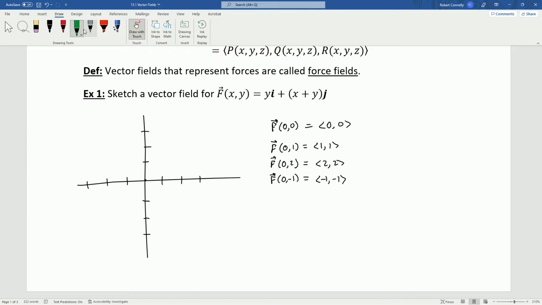And so at these points, we're just going to graph these vectors. So here at 0, 1, so x is 0, y is 1, we're going to go over 1, up 1. That's going to be our vector here. And at 0, 2, our vector is going to go over 2, up 2. So it's the same direction, but just a greater magnitude.